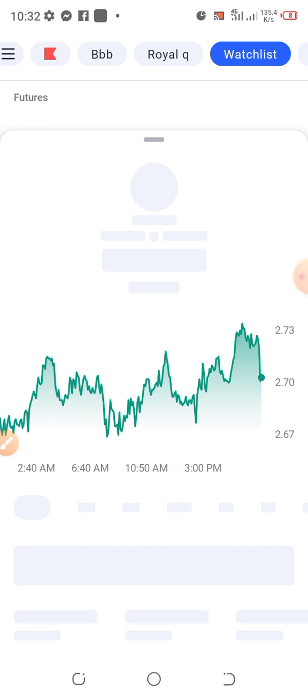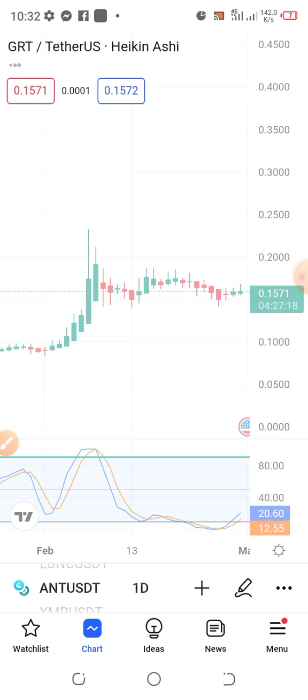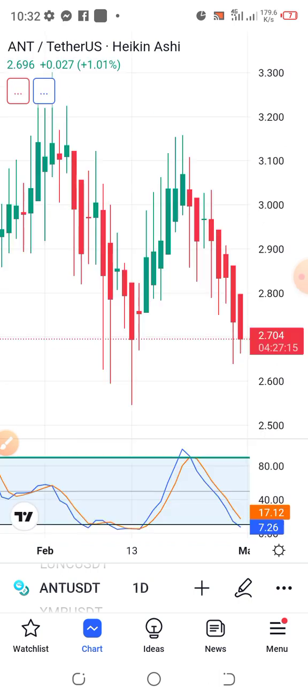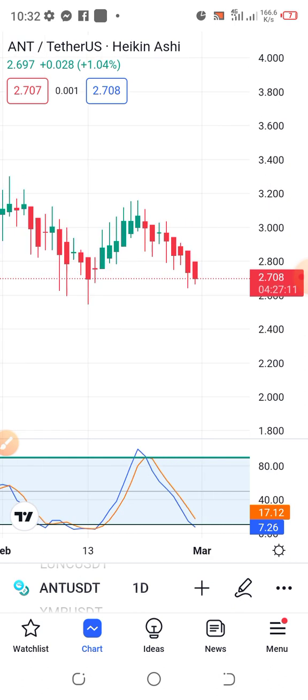So you just consider 2 points in a bigger time frame, 1 day and 4 hours at least. It's not good to do it at 1 hour or less. It is good at 1 day, and then you're good to go. So this is our graph for the 1 day time frame on anti.